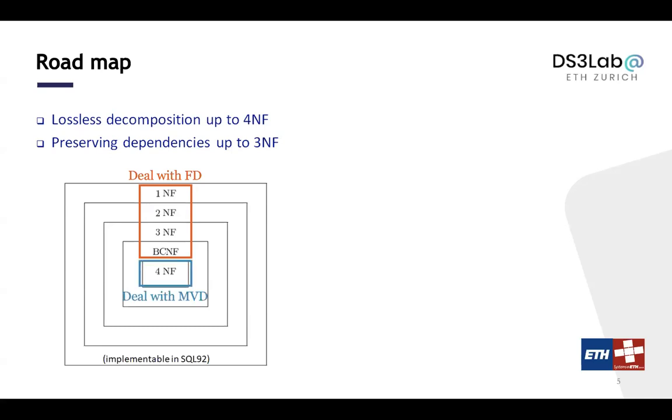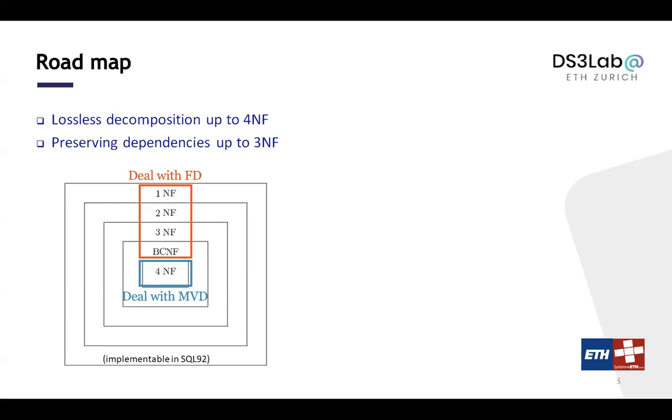And today we are going to talk about a different normal form, that is the fourth normal form. Different from all the normal forms we talked about in the last lecture, today we care about data redundancy not caused by functional dependency, but caused by something called multi-value dependency.